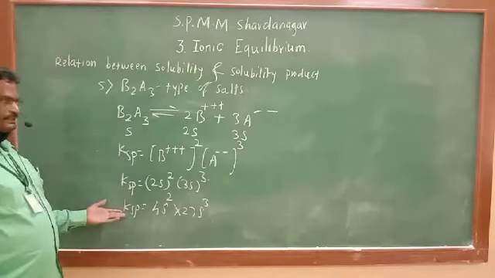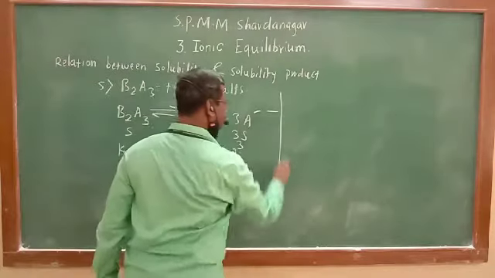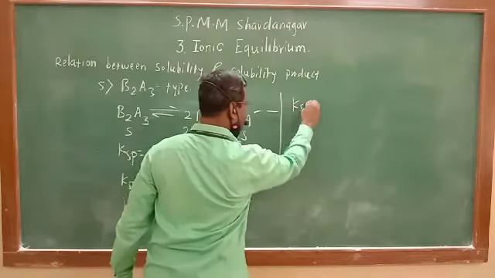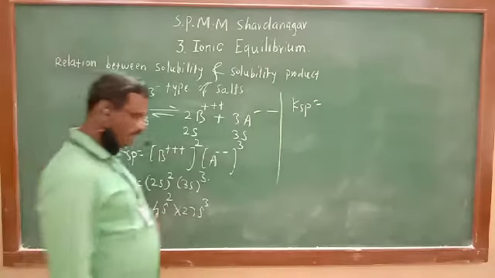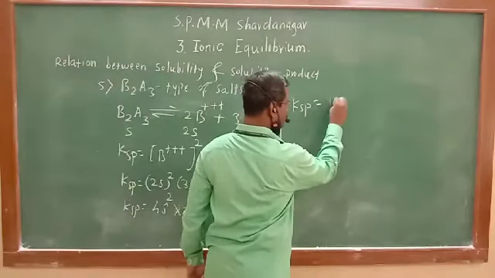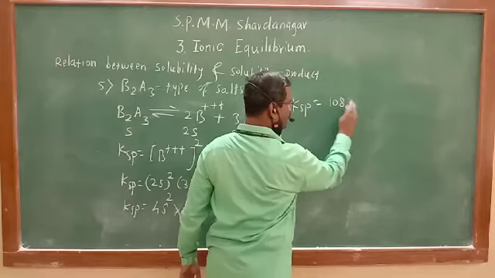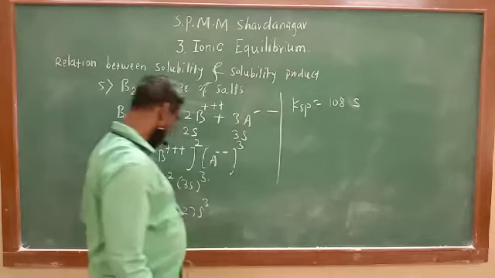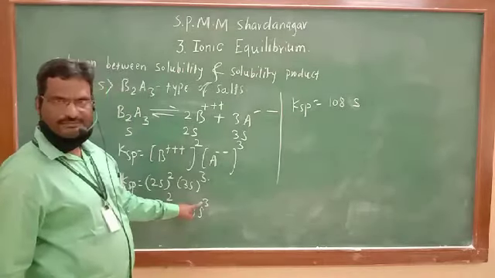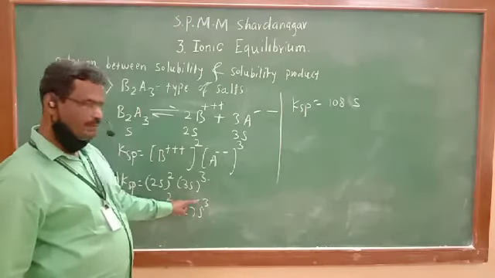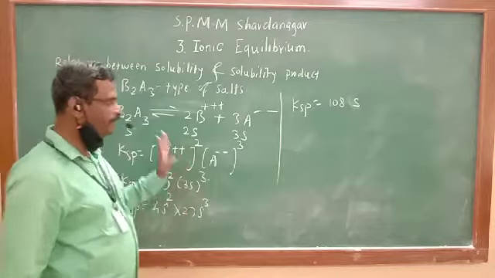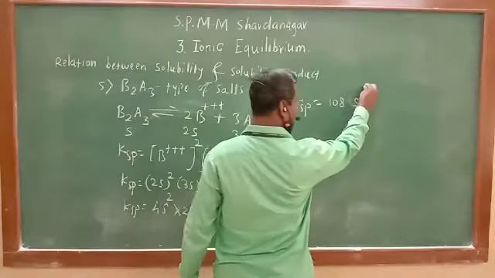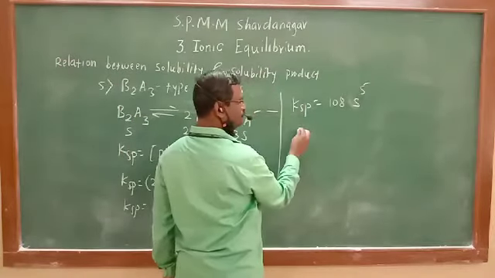On solving this, Ksp is equal to 27 into 4, 108, s raised to 2, s raised to 3. Base is common, so 2 plus 3, that is 5. 108 s raised to 5.